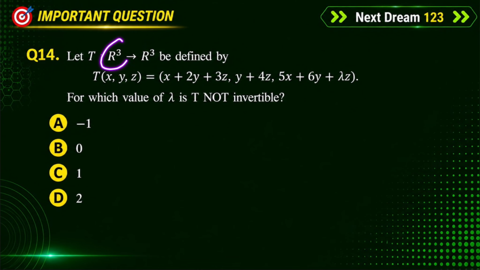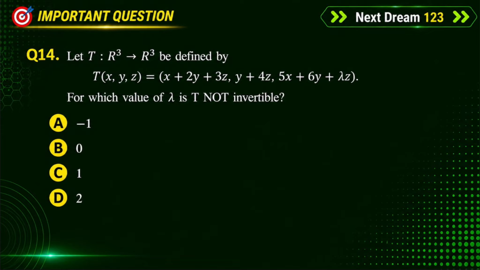Let T: R3 to R3 be defined by this transformation. For which value of lambda is T not invertible? If you observe, they have not provided any basis. If they do not provide any basis, you consider the standard basis.